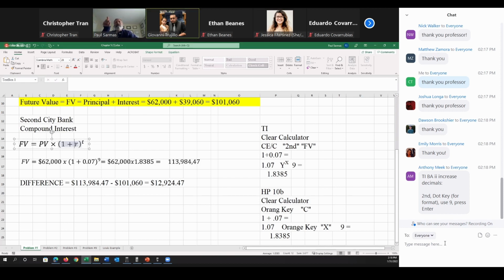I prefer your way, but I wanted to show you if you don't use the financial calculator, these are the steps you have to take. You add 1 to 0.07, then you find to the power of 9, and then you multiply by 62,000. You have to take all these steps. So my surprise on Wednesday will be, what if you use the functions on your financial calculator? How easy it is. So I want it done your way.